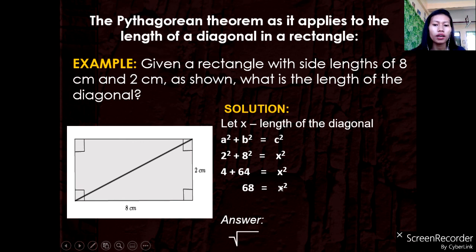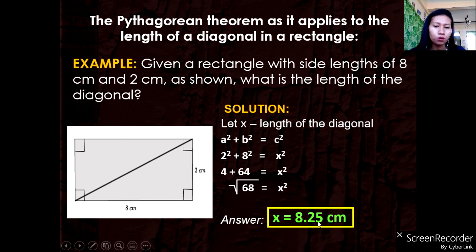So, to get the value of x, take the square root of both sides. That would result to 8.25 cm rounded off to the nearest hundredths. So, that means that the length of the diagonal is 8.25 cm.